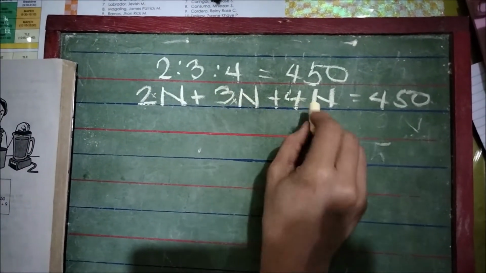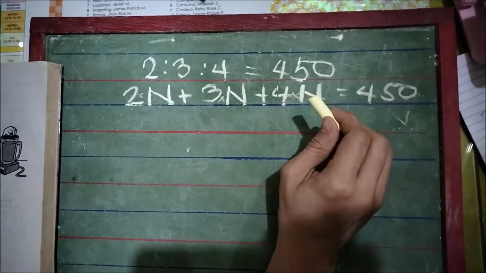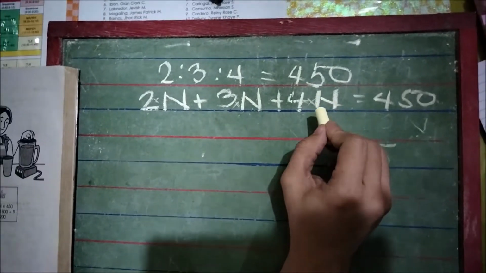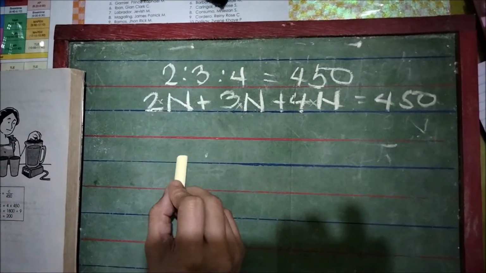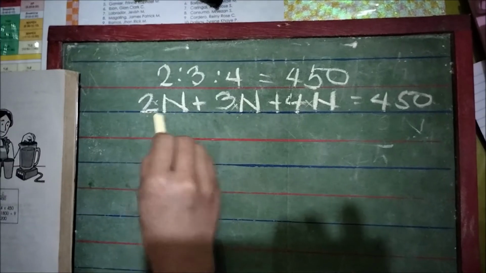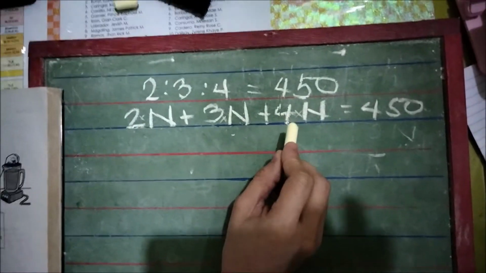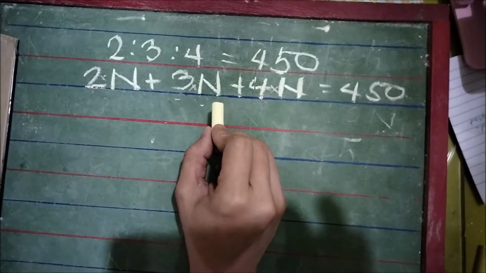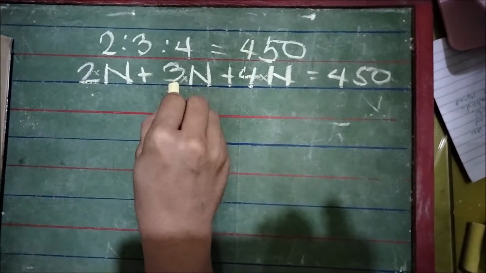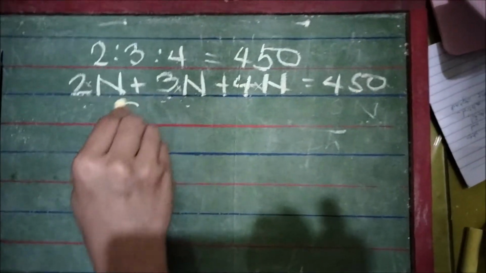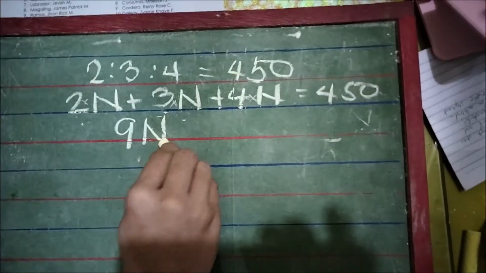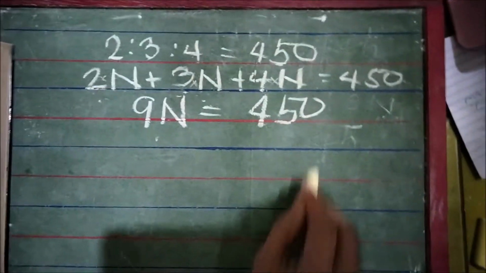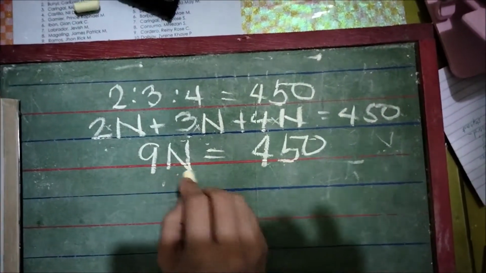So if they are beside each other without any operation, it's already a multiplication. Before that, let us have 2n plus 3n plus 4n. So the sum will be 9n. Why 9n? Because 2 plus 3 is 5 plus 4 is 9. 9n equals 450. So we already have here this number sentence.